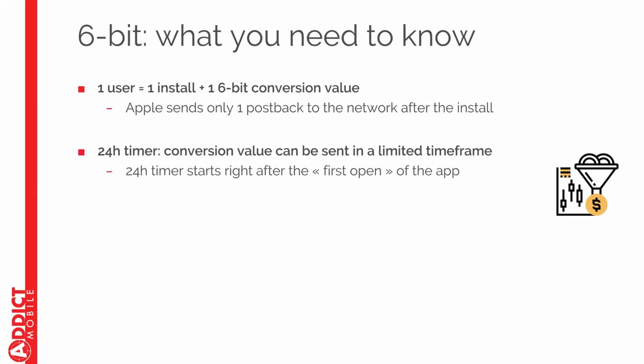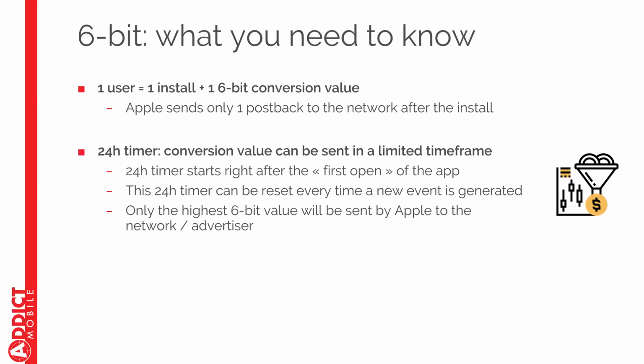When the user opens the app, the 24-hour timer starts. After, this timer can only be reset every time a new event that you configured is generated. And only the highest 6-bit value will be sent by Apple to the networks and so to the advertiser.